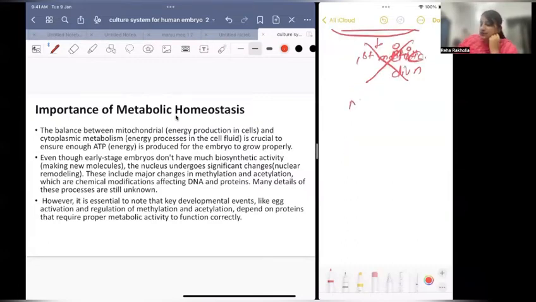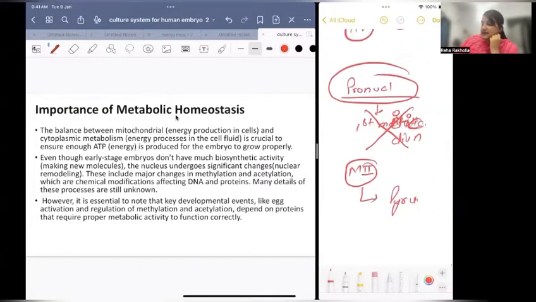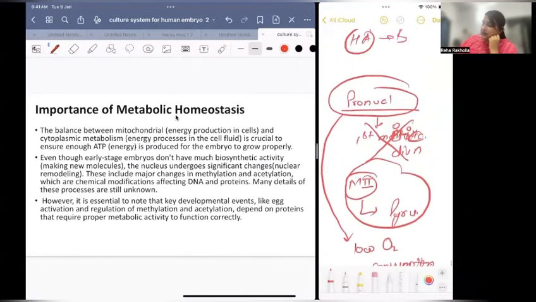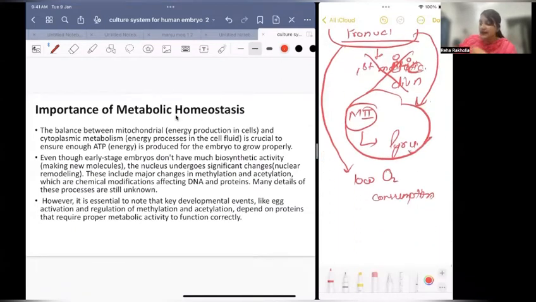The oocyte also prefers pyruvate, and it has low oxygen consumption. Like the M2 oocyte, this pronucleated oocyte also prefers pyruvate, and there is low oxygen consumption.